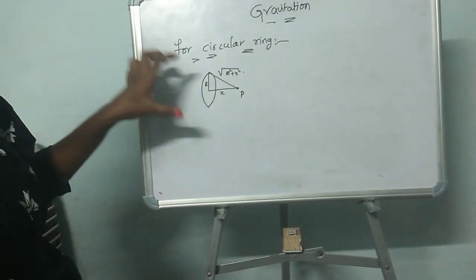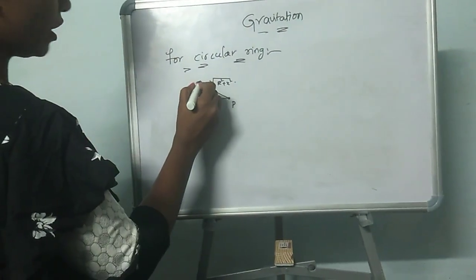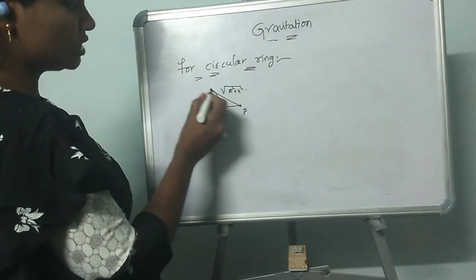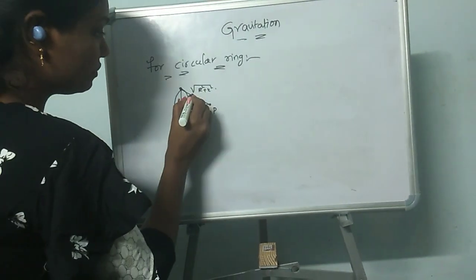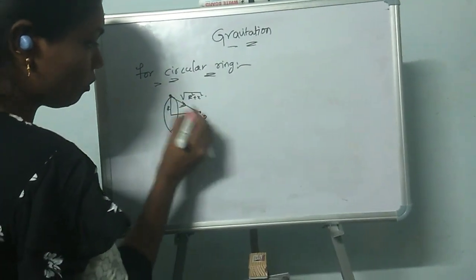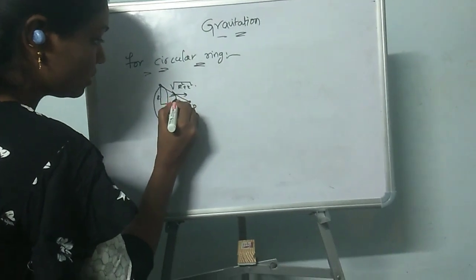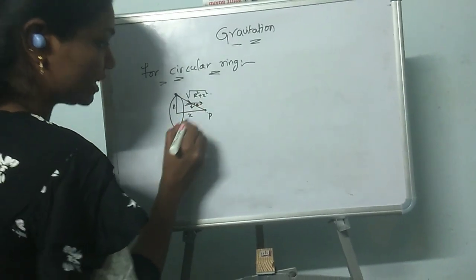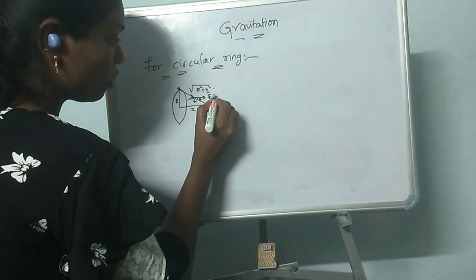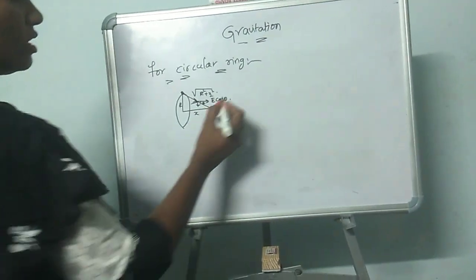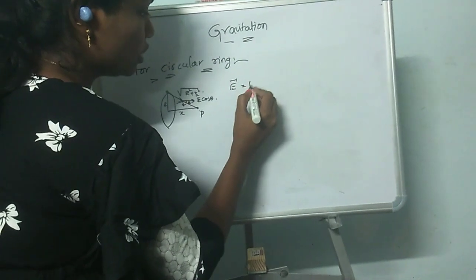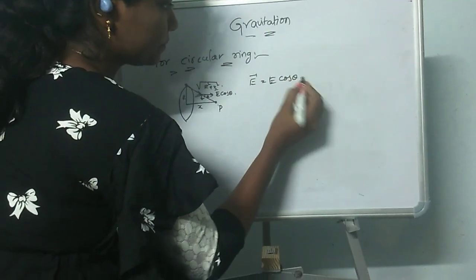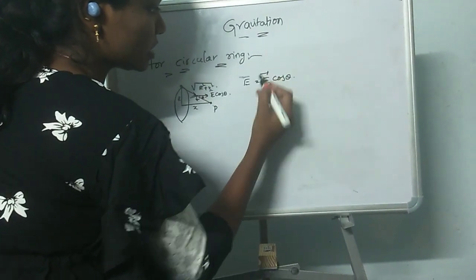So we have the electric field intensity at the point. We have the electric field from the center to the point, E bar, which makes angle theta. So we take the horizontal component, E bar cos theta.